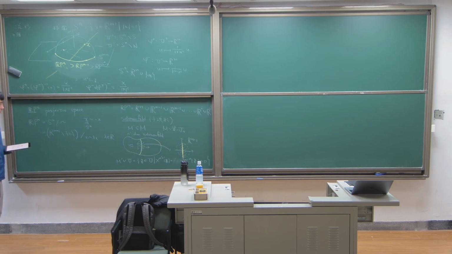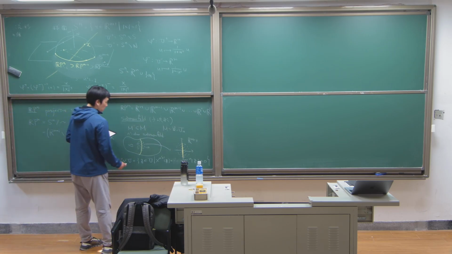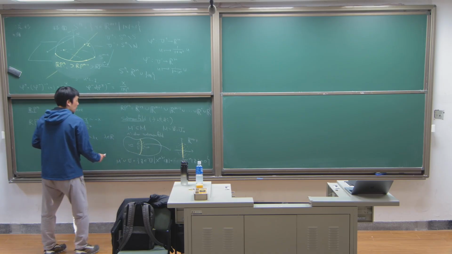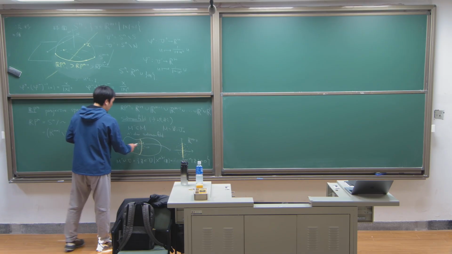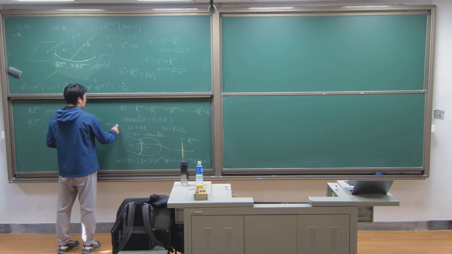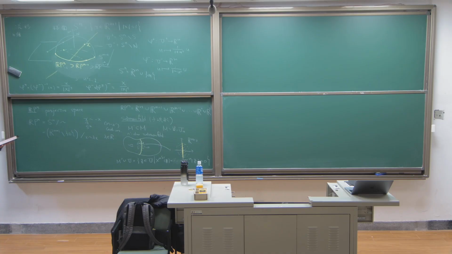The transverse direction is the n minus n prime codimension. It's called codimension. Okay, that's how it is.